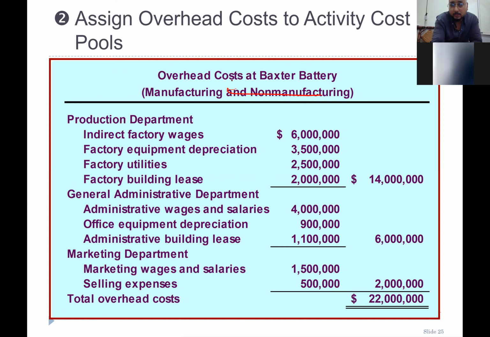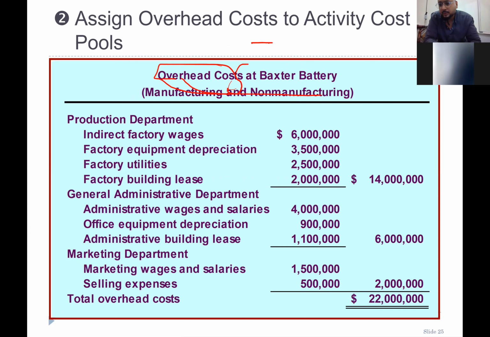All the methods, whether relevant costing, variable costing, traditional costing, or job order costing, the focal point is to allocate the overhead, right? Because it is tricky, it's really hard to trace.